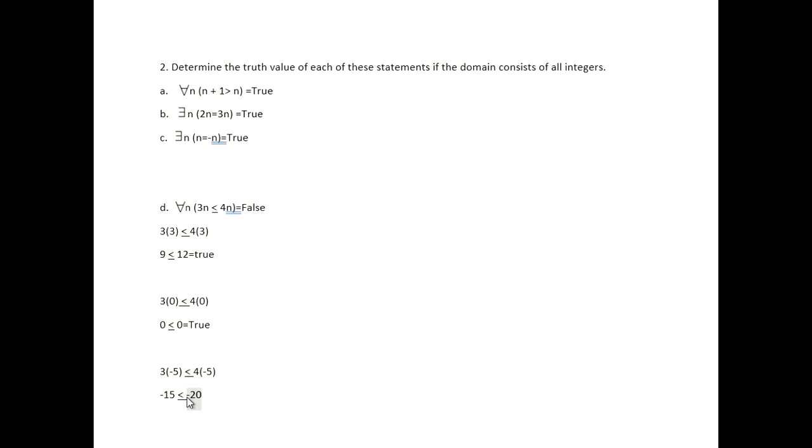So, here it is false since negative 15 is greater than negative 20. So, here it falls as false. So, it is not true for all n or for every n, since here it is false. So, the statement is false.